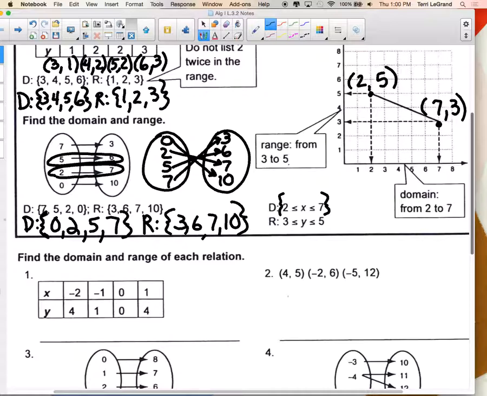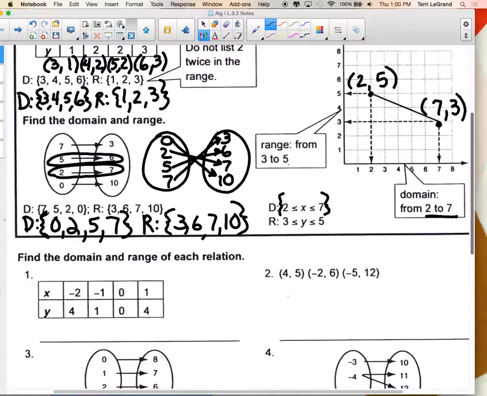Remember our graphs for compound inequalities? Were they not typically between 2 endpoints? They were shading between 2 endpoints. So we have to write a compound inequality for this. So the domain values start at 2 and they end at 7. So those are our endpoints. You can think of this as kind of like a graph for a compound inequality.